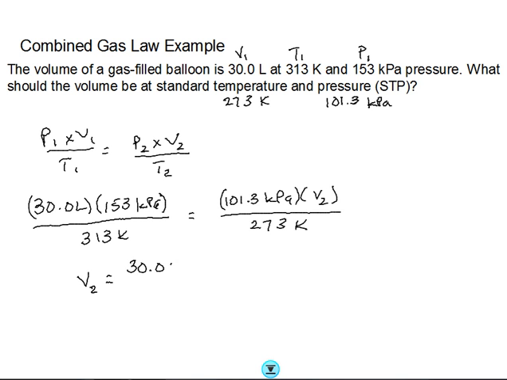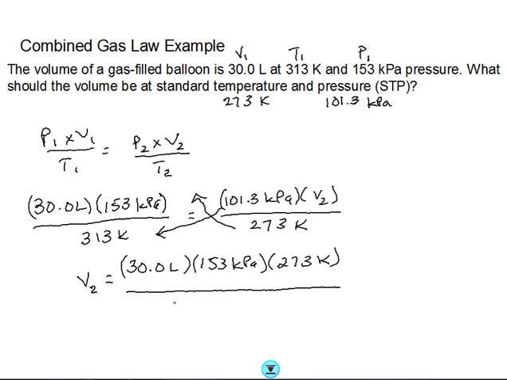We're going to take 30.0 liters, multiply it by 153 kilopascals, and multiply it by 273 Kelvin. So the 273 Kelvin goes up to the top, and the 101.3 kPa goes on the bottom. Then you divide by 313 Kelvin and also divide by 101.3 kilopascals.